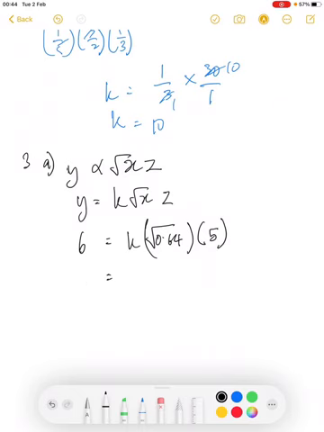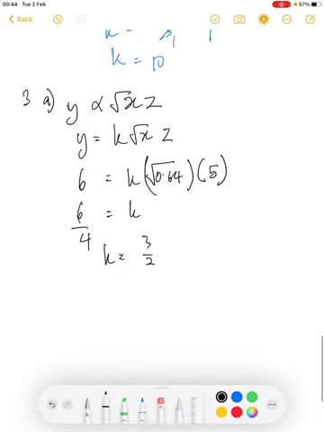So K equals to 6 over 4, K equals to 3 over 2. And the question asks us to express Y in terms of X and Z. So Y equals to 3 square root of X Z over 2. Okay.